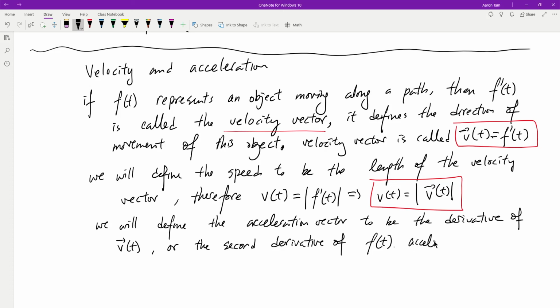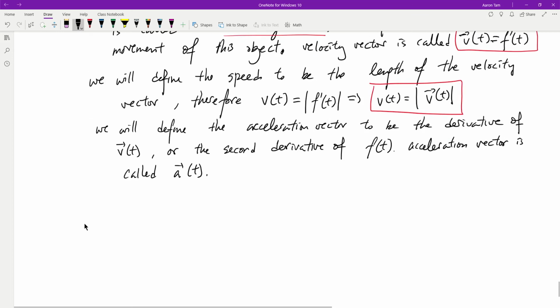And the acceleration vector is basically vector a of t, which is equal to either, think of it as vector v prime of t or f double prime of t.